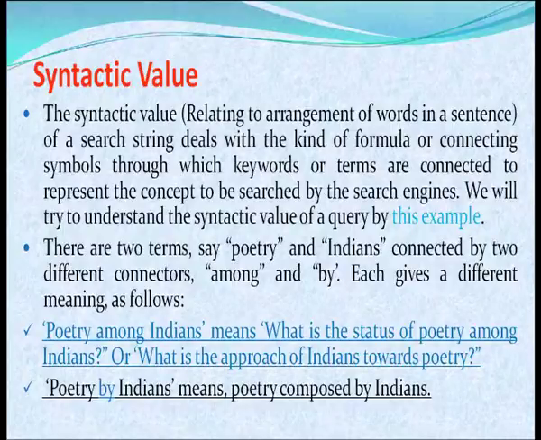There are two terms, say poetry and Indians, which are connected by two different connectors, that is, among and by. Each gives a different meaning, as follows: poetry among Indians means what is the status of poetry among Indians, or what is the approach of Indians towards poetry. When we use the term by, poetry by Indians means poetry composed by Indians.